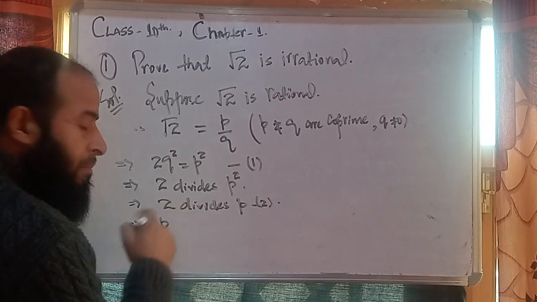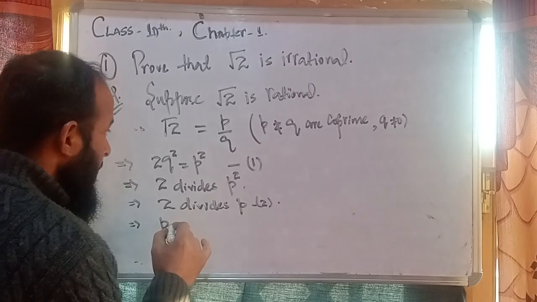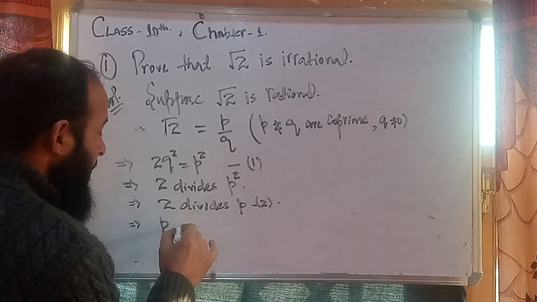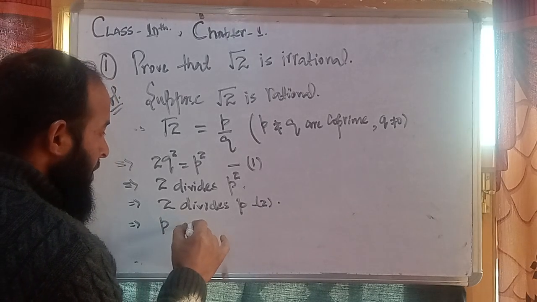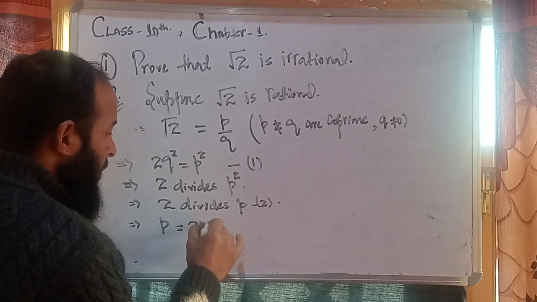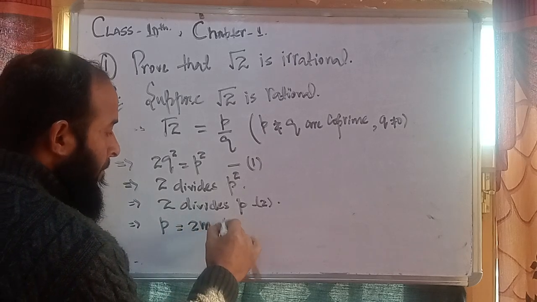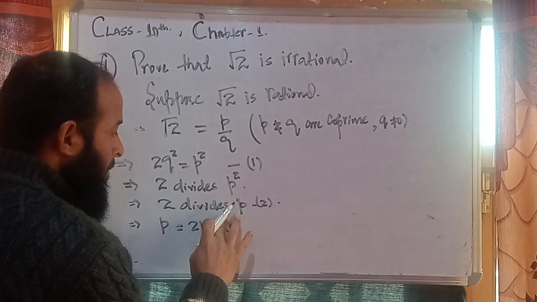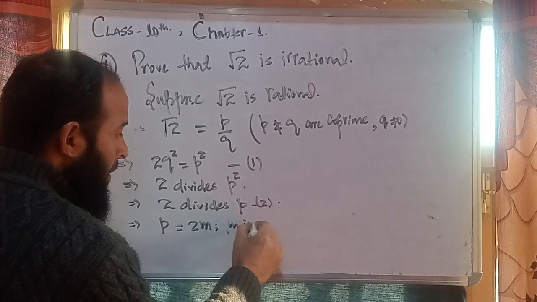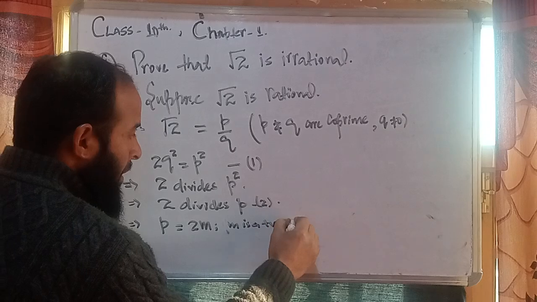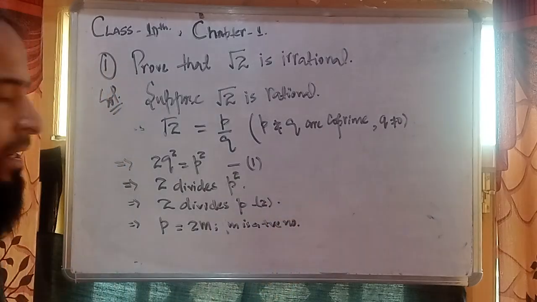When 2 divides p, then p can be written as 2m, where m is any positive integer.